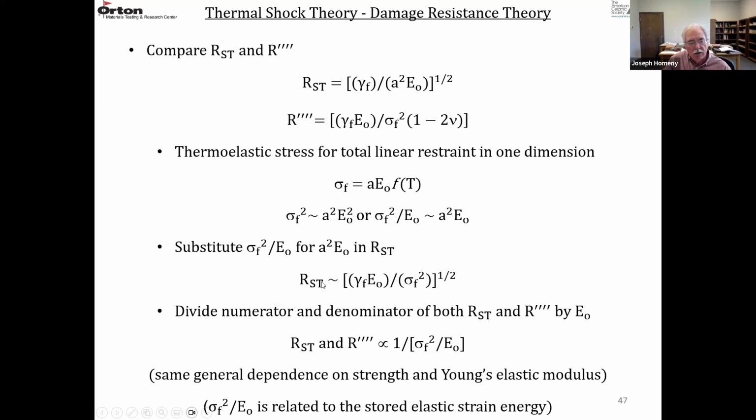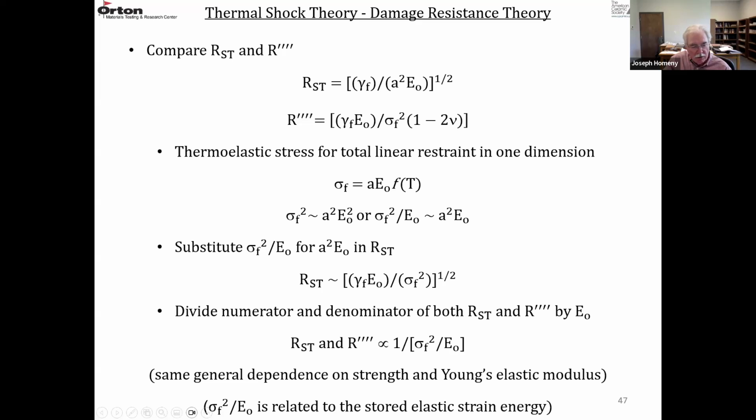So if we look at RST and R4 prime, and we divide the numerator and the denominator of both of these equations by E0, we can show that RST and R4 prime are both proportional to 1 over this term, sigma F squared over E0. So the strength squared over the modulus. So they have the same general relationship in terms of strength and elastic modulus.